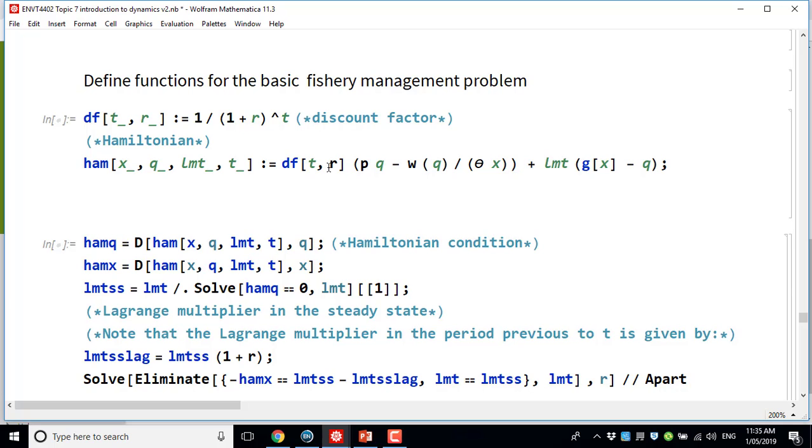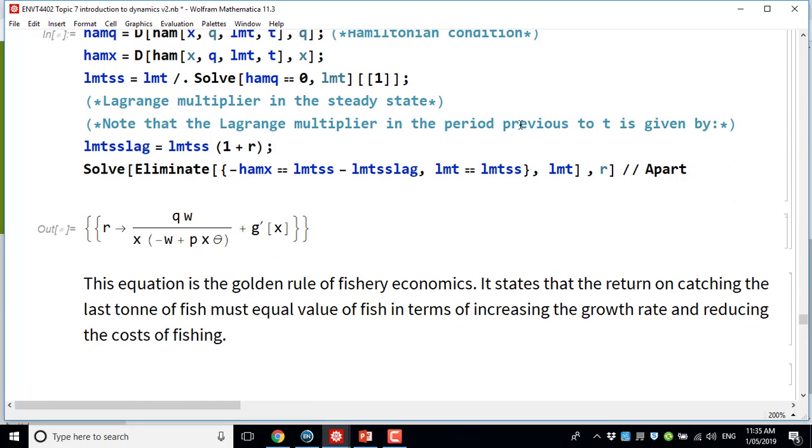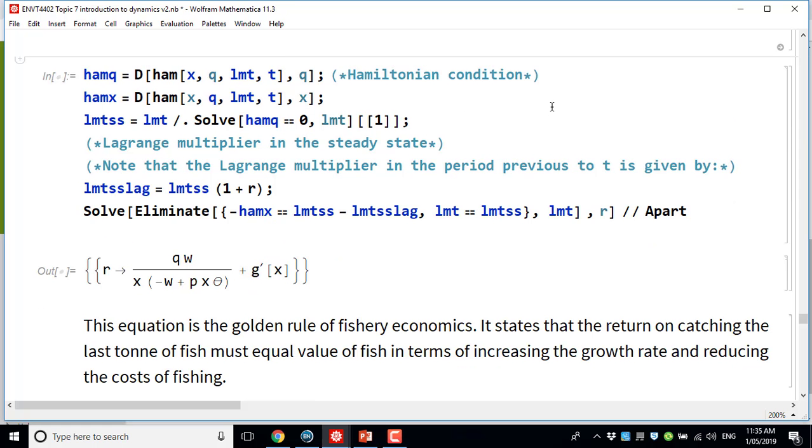You might want to just make sure these things here are defined. And then we're just going to define some derivatives here.